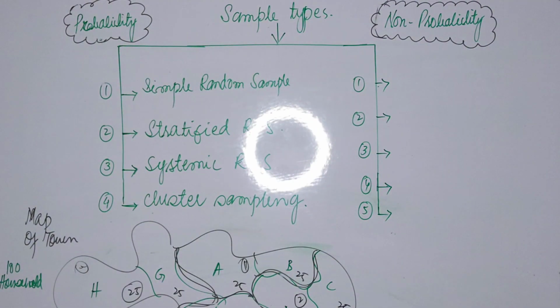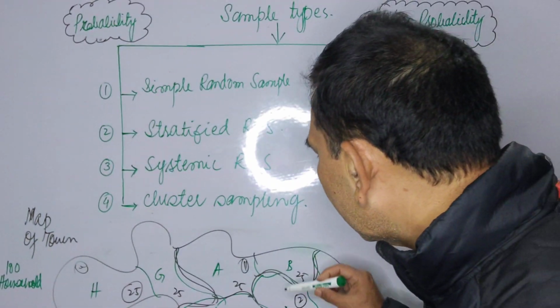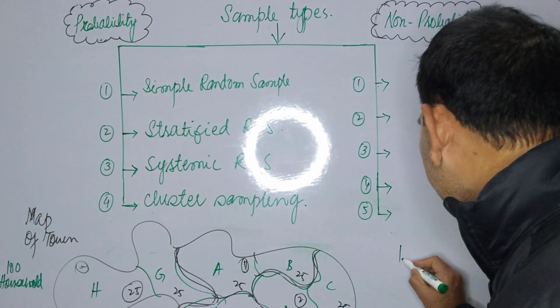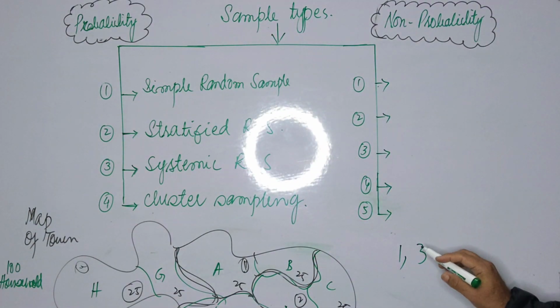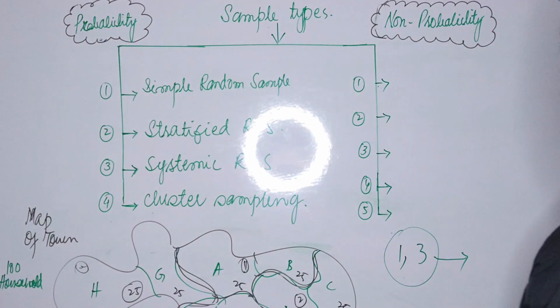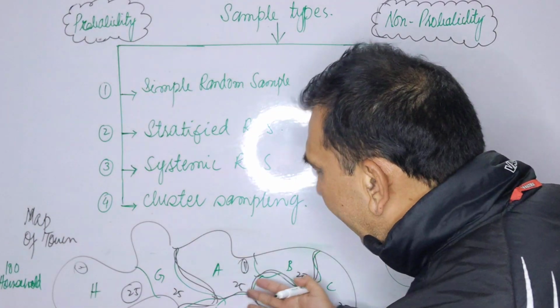Now you will randomly select 2 clusters. You select the 1st and the 3rd cluster from the map.